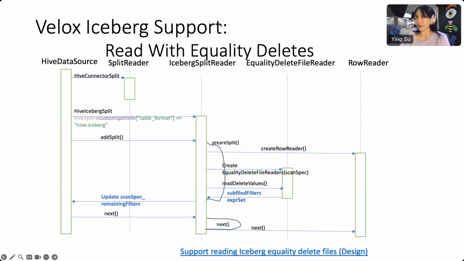For equality deletes, we just have the equality delete file reader, but the major work is done in the prepare split function, in which we read the equality delete files and create either subfield filters or some expressions to be further evaluated by the Hive data source.